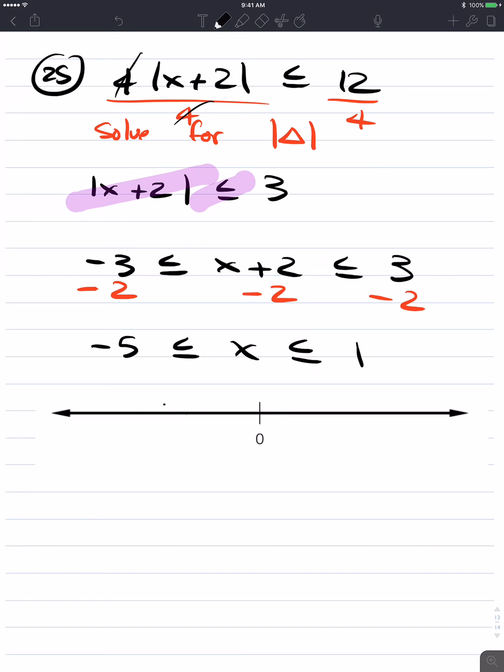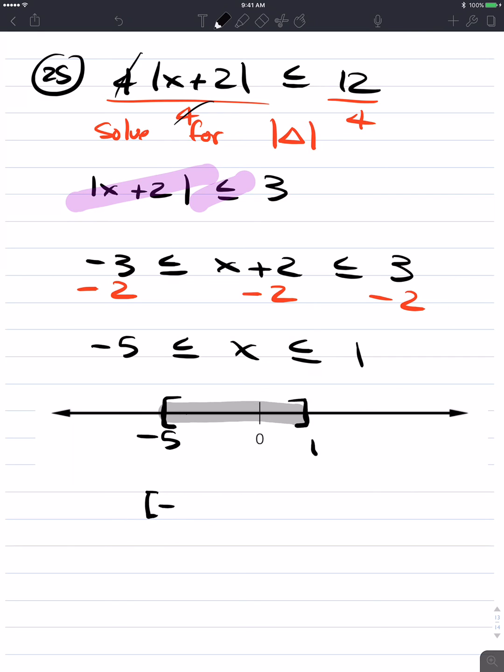Negative 5 is to the left of 0, and 1 is to the right of 0. We're going to have to shade numbers that are between negative 5 and positive 1. Because these are less than or equal to signs, we have a condition of equality. We include the negative 5, we include the positive 1.